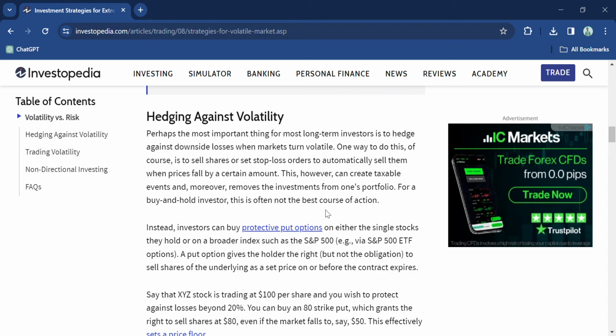One way to do this, of course, is to sell shares or set stop loss orders to automatically sell them when prices fall by a certain amount. This, however, can create taxable events and, moreover, remove the investments from one's portfolio. For a buy and hold investor, this is often not the best course of action.